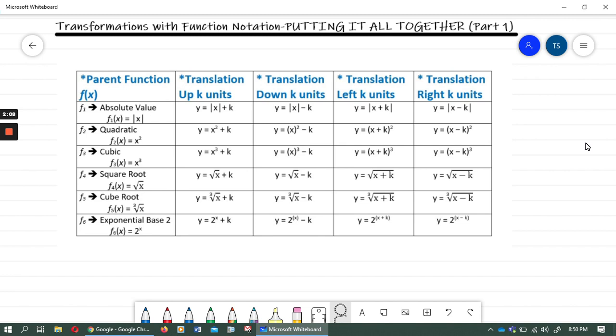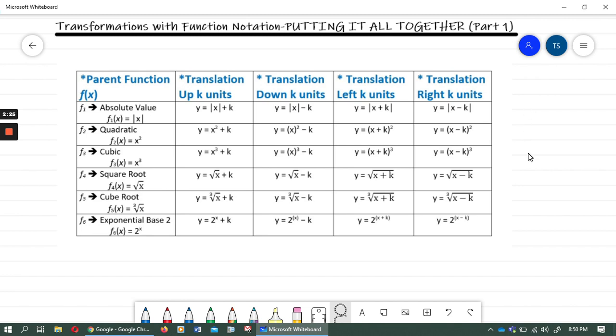This chart here is one for translations, and this was actually the only chart that I had not already made in a previous video for you.